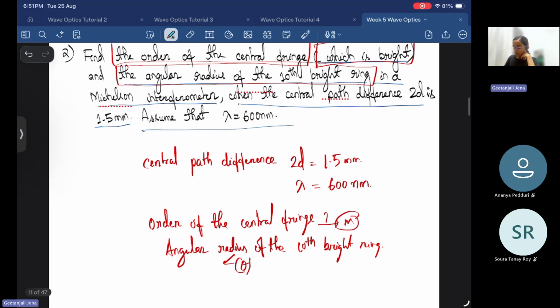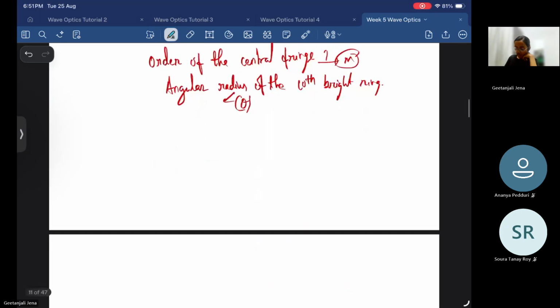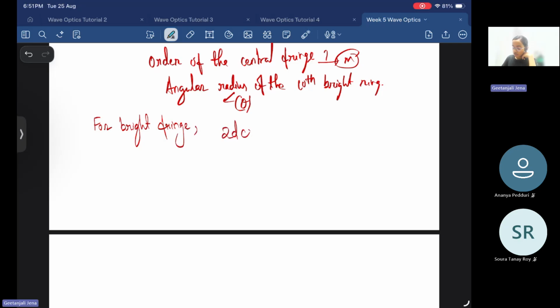So let us see. If you recall for our Michelson interferometer, for a bright fringe, what is the condition we have? It should be 2D cos theta equals m plus half lambda. This is for bright fringe, and for dark fringe we have 2D cos theta is m lambda.